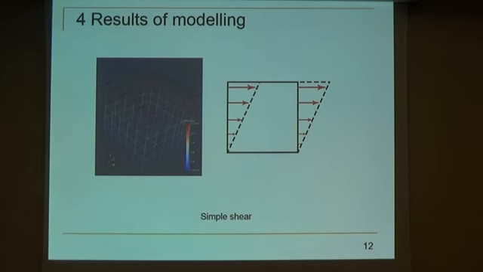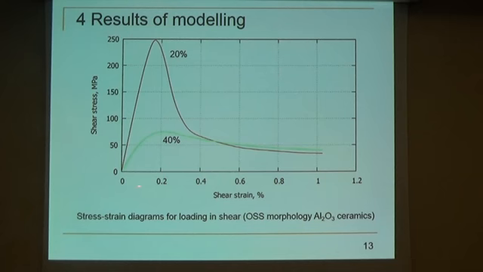The second type of numerical modeling was simple shear. Again, you can see the stress-strain curves for that type of loading. You can see that the descending part of the stress-strain curves is longer in this case.